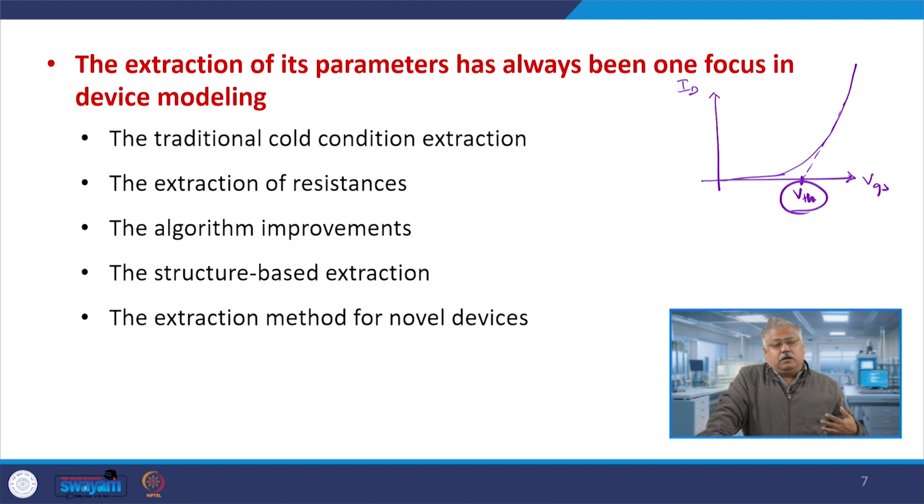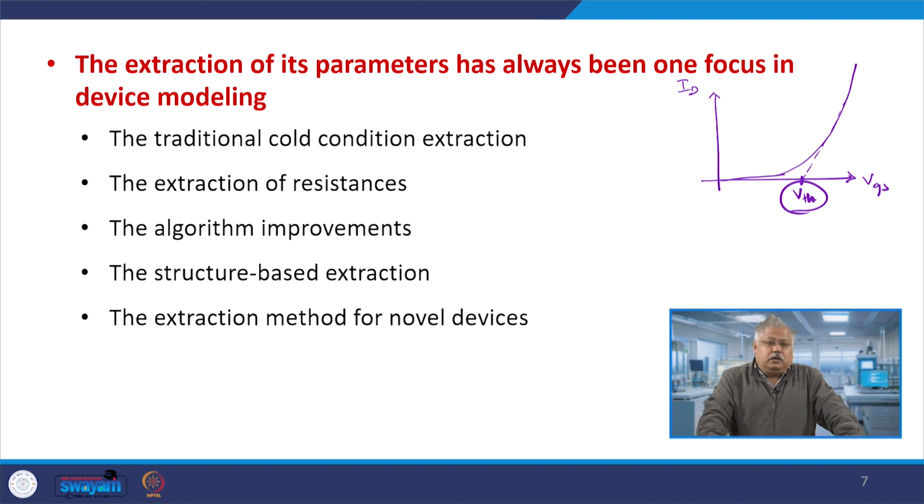So this is one of the methods of extraction. When we say that the parameters need to be extracted, there are certain techniques available, and these techniques are written here. One is the traditional cold condition extraction. The cold condition basically means that you don't give any biases, the external biases are all at zero, and we try to extract information in that formulation. How do you extract resistances?